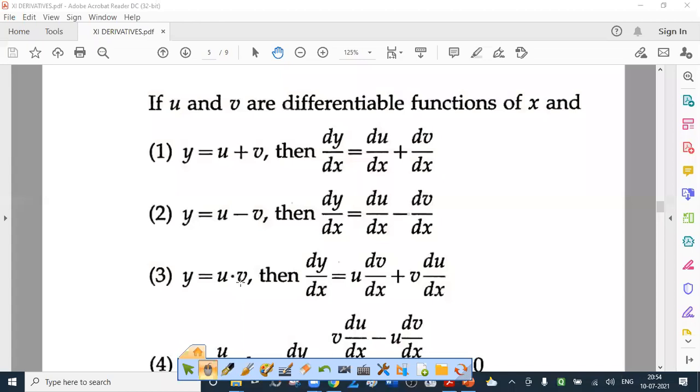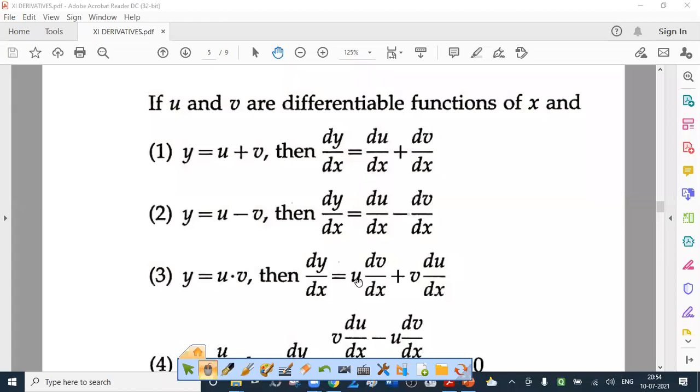If y is u into v, that is product, then what is dy dx? First function into derivative of second plus second function into derivative of first. I hope you will not ask me what happens if we interchange u and v? Nothing happens, same thing. Why? Because u into v is same as v into u.